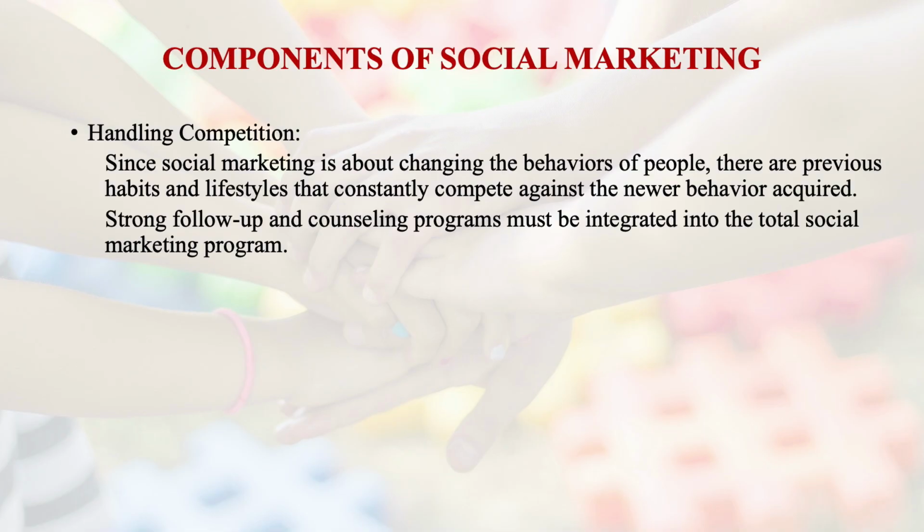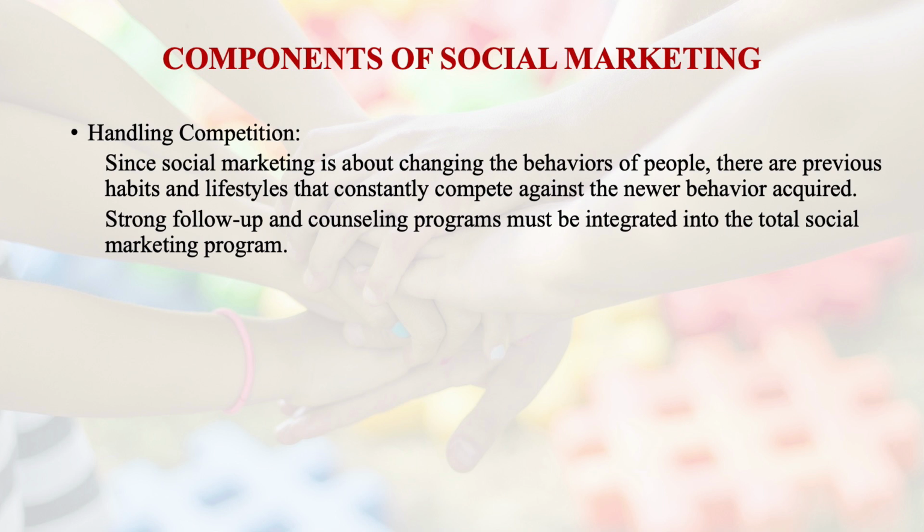The next is handling competition. How to handle the competition, because competition is there in social marketing and also in commercial marketing. So social marketing is basically targeted towards changing the behavioral pattern of the people, and there are previous habits also, lifestyle also, that constantly compete with the changed behavioral pattern.